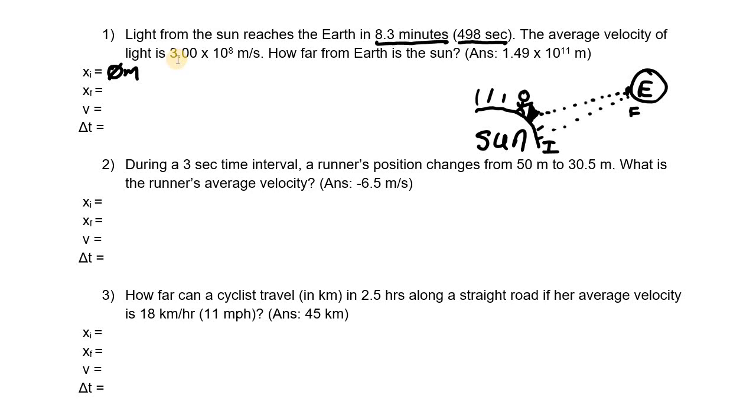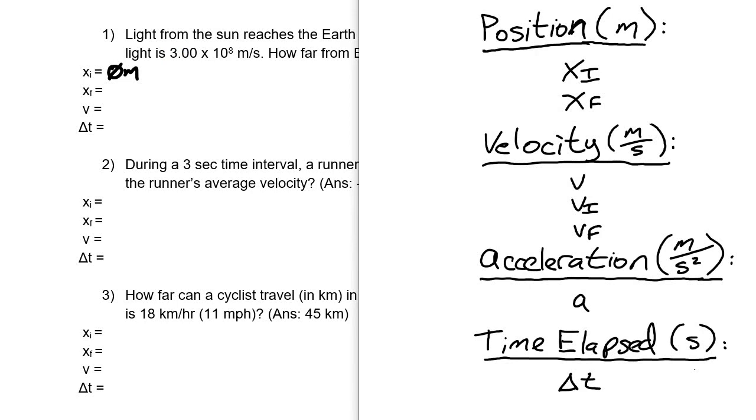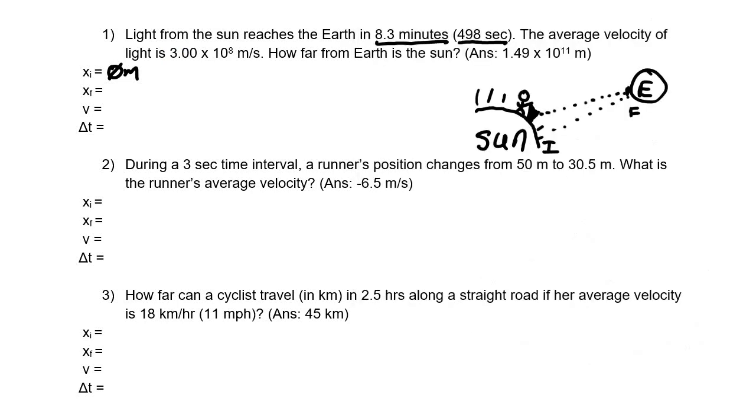Which one of these units do we want to be using? Once again, time is going to be measured in seconds, so let's just use the 498 seconds. So we have our delta t, which is 498 seconds. The average velocity, ooh, look at that.